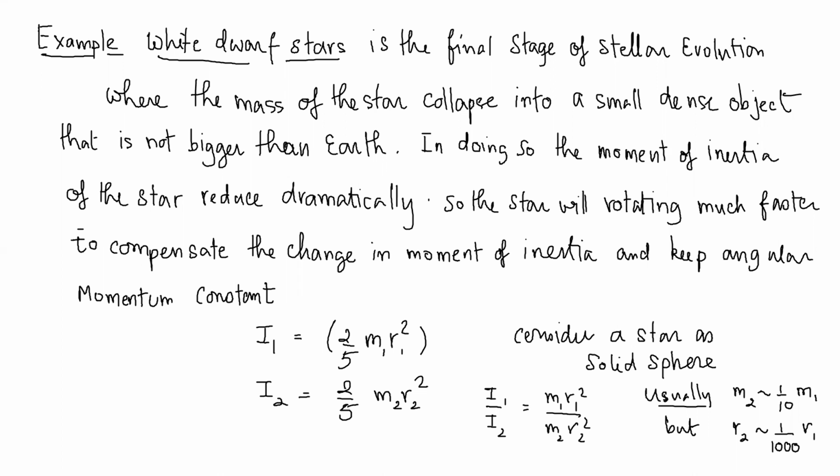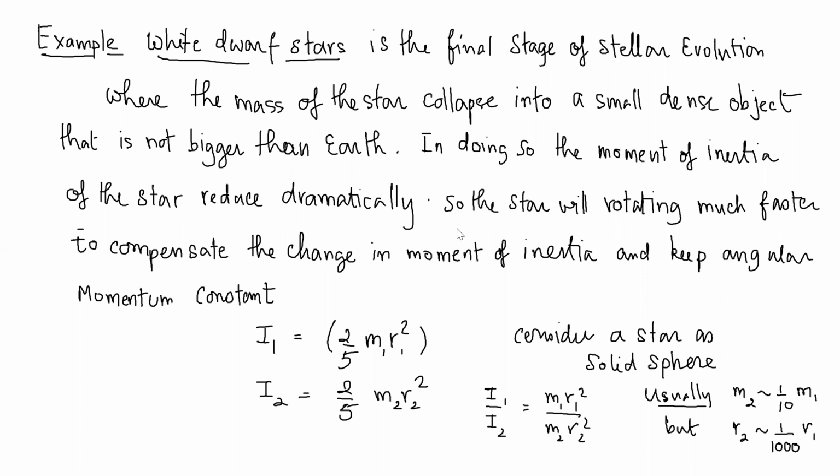And usually when we have that problem, we'll see that when the star collapses, it loses some mass, but the mass M1 is usually 10 times that of M2. But the radius of 2 is 1,000 times smaller than the radius of M1.